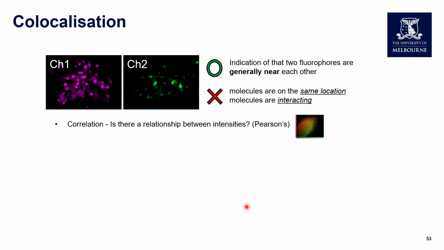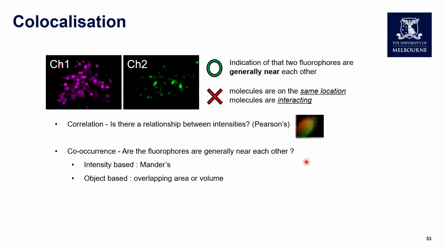When we measure colocalization, we can measure if there's any relationship between the channel intensities by looking at the correlation using Pearson's coefficient, which means, for example, whether brighter green tends to be associated with brighter red. Or we can measure if the fluorophores are generally near each other.